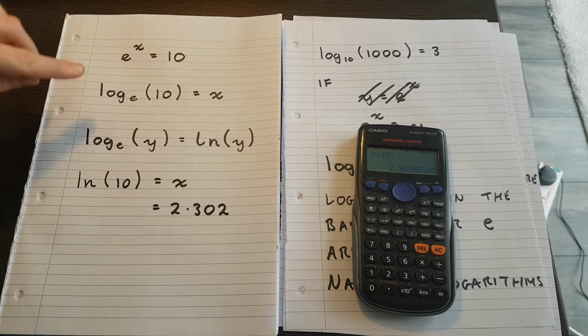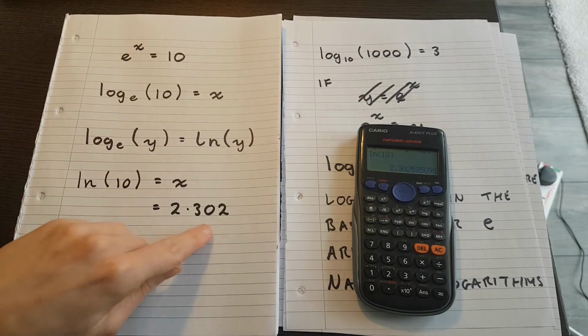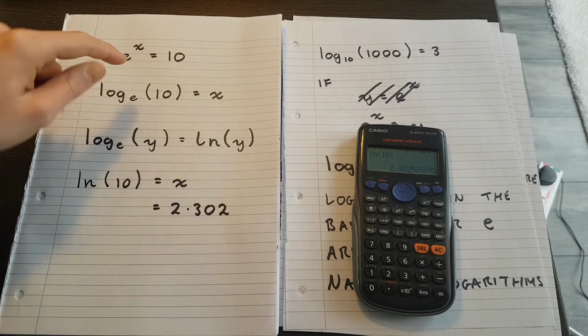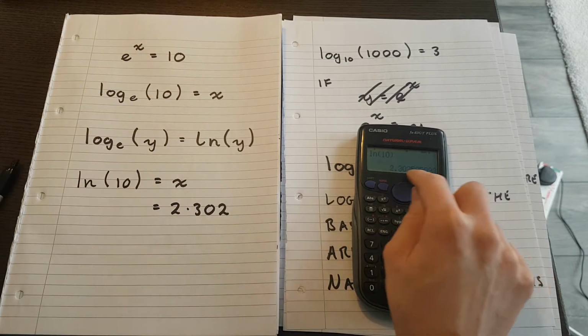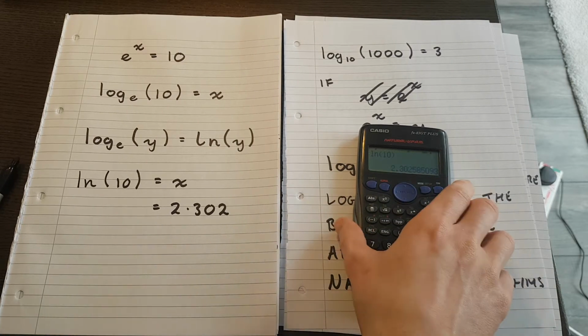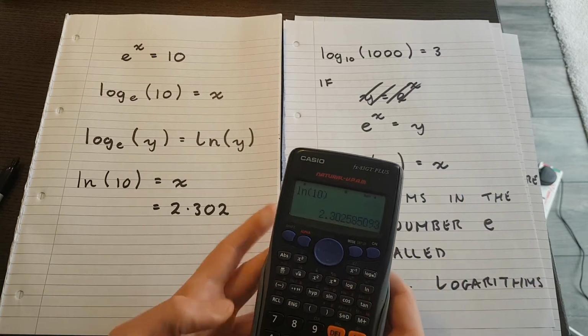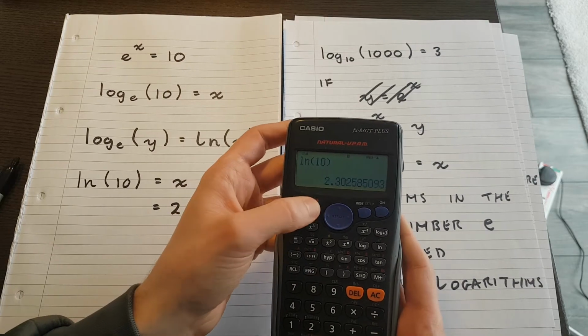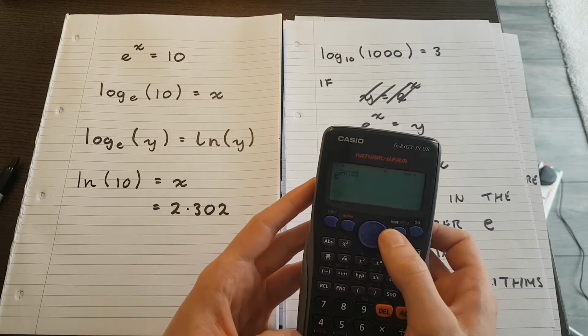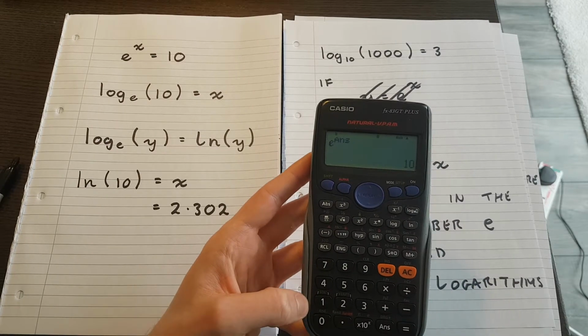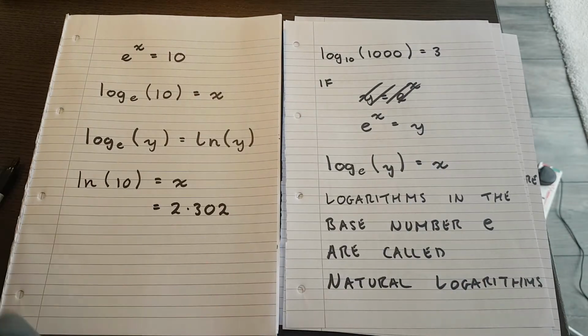If I take the number e and raise it to the power 2.302, I will get 10, or something very close to 10, because this digit goes on for a very long time. Let's check that. I'll go e, raise it to the power of my answer on my calculator, and I get 10 back. So that's how that works.